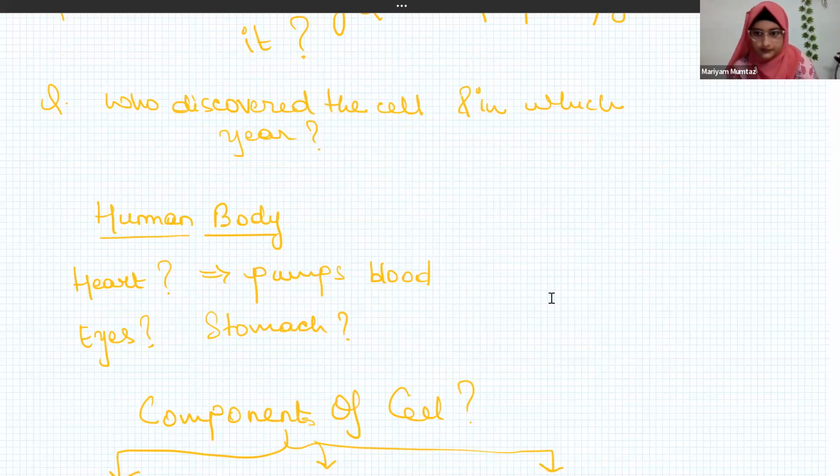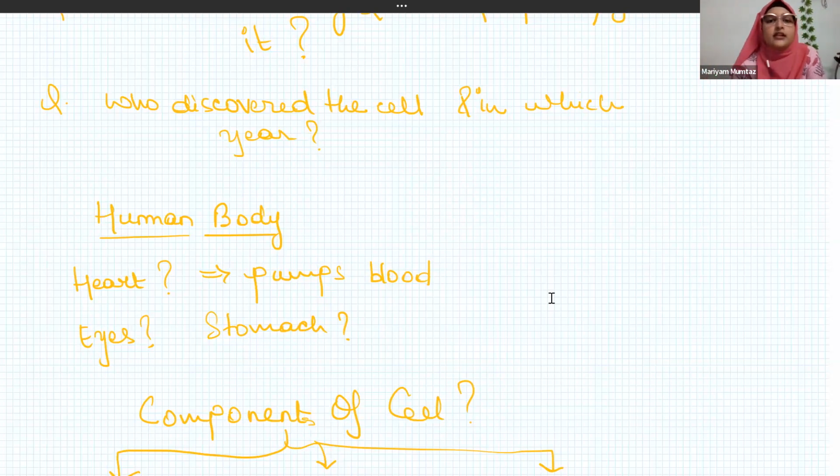Unicellular organisms are made up of only one cell, a single cell, that carries out all the functions of the organism. And what about multicellular organisms? They use many different cells to function. Yeah, they are made up of more than one cell, multiple cells. Always try to break the words to understand.